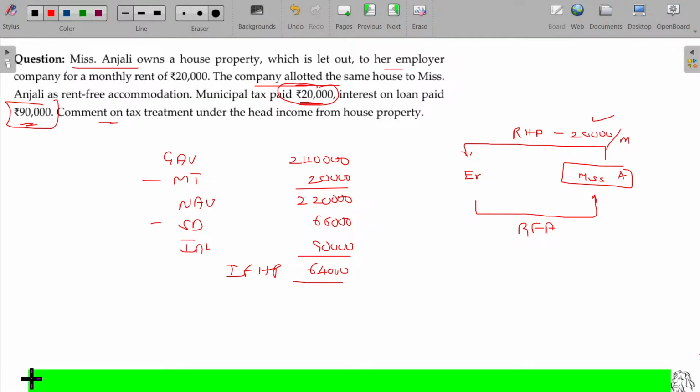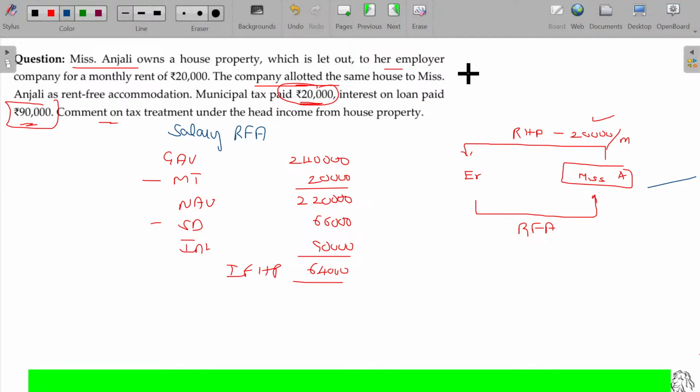Not only that, this is income from house property, and for Miss A, it is taxable as salary also. Am I right? Rent-free accommodation: how much? 5%, 7.5% or 10% of the salary will be considered as perquisite value, right?